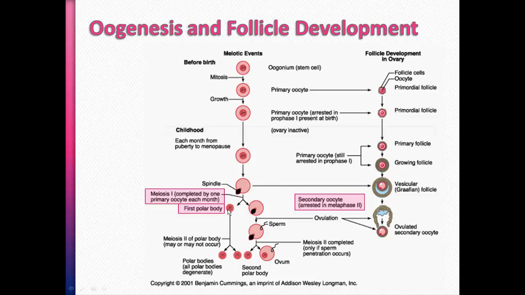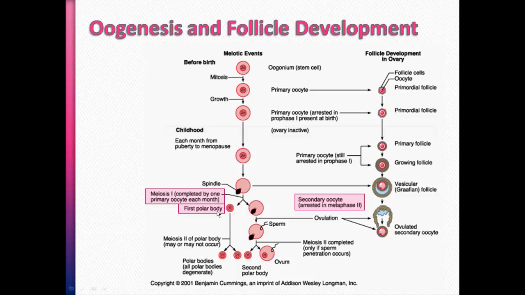This first polar body is basically just the cell nucleus and no cytoplasm. The secondary oocyte here is the nucleus plus a lot of cytoplasm, and that means that secondary oocyte has all the nutrients contained within the cytoplasm that's going to help with the egg after it's been fertilized.